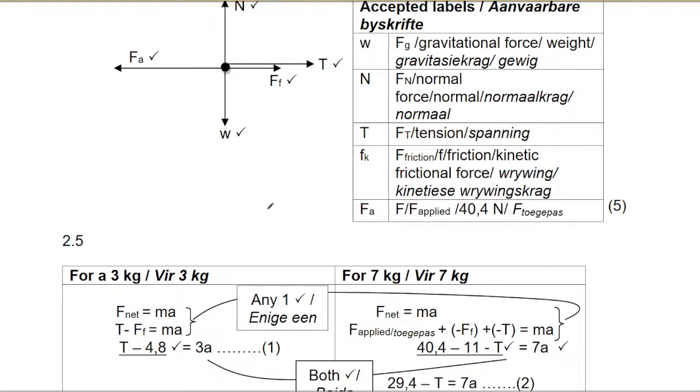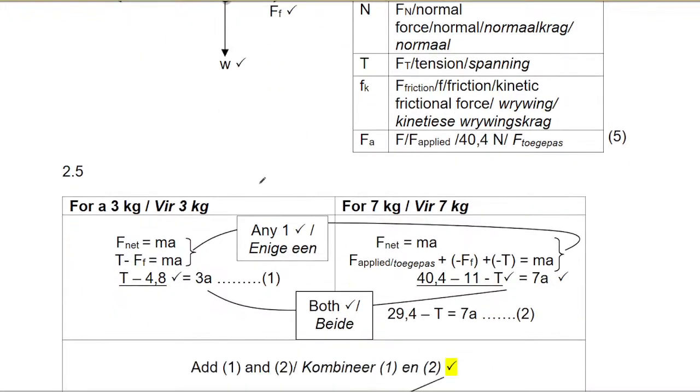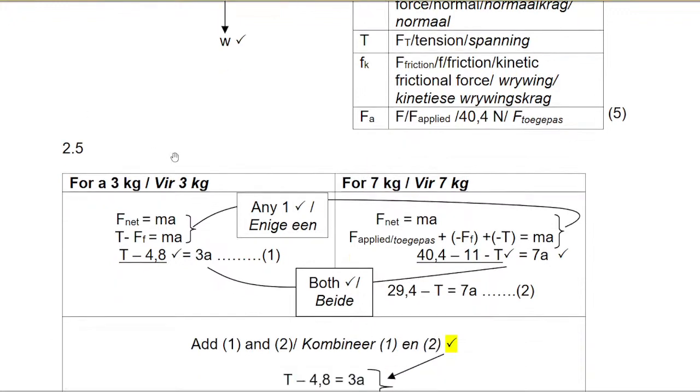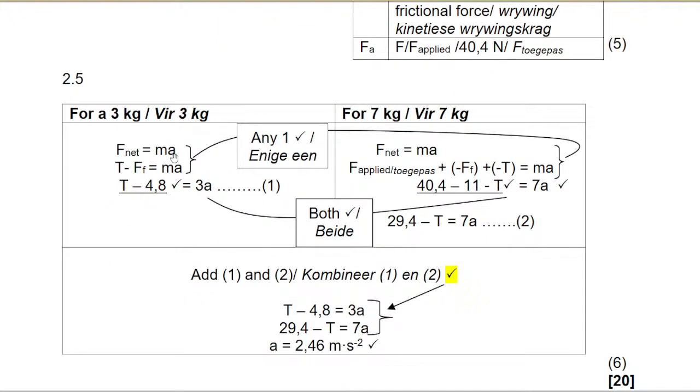So let's look. We'll have the 3 kilogram block. We can determine the F net there. F net is equal to FA, and then we can break it down by identifying the forces. So either of the two can get a 1 mark. So we are going to have T minus 8 equals 3A, and then T minus 4.8, we award a mark there.